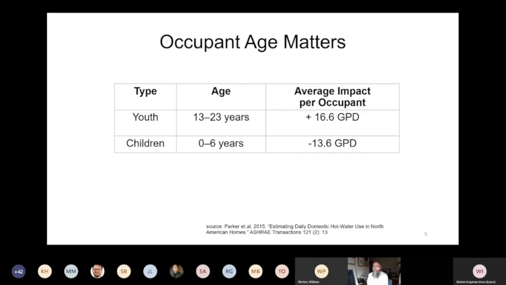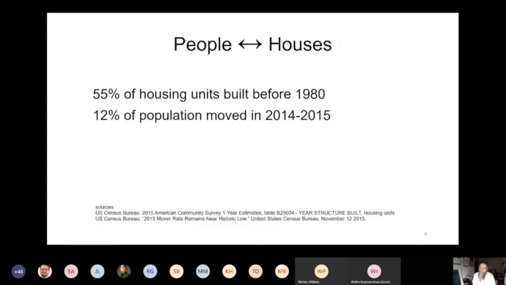But the stories about the teenagers staying in a shower for an hour or so at a time, well, that's true, at least statistically. And little kids who can't reach the faucet don't use as much hot water. Next slide. And that's statistical. Even within those age groups, there are still those distributions of use.